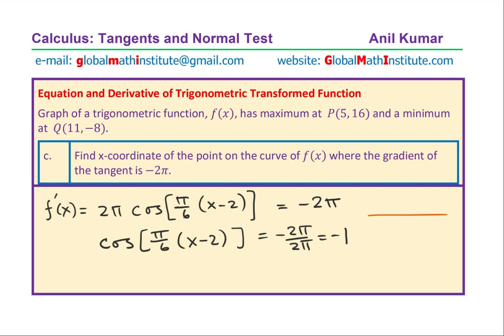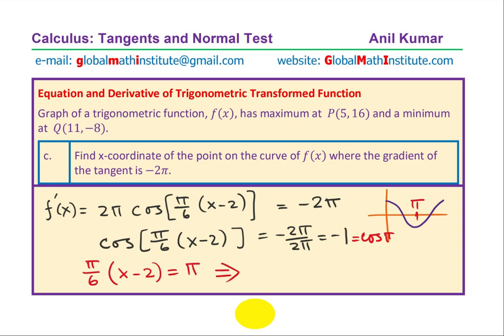Well, cosine function, as you know, is kind of like this, right? And it is minus 1 at pi. So we know the minus 1 will be for cos of pi, correct? And therefore, pi by 6 times x minus 2 should be equal to pi, correct?